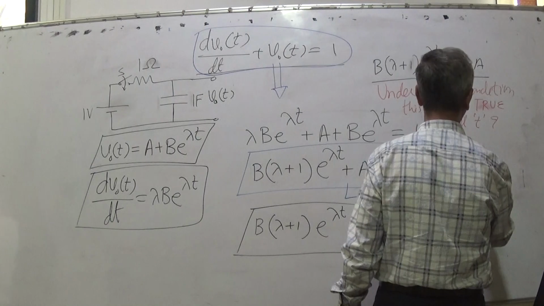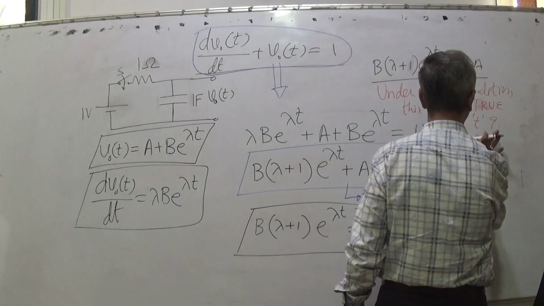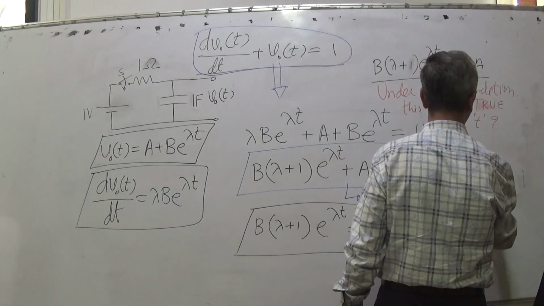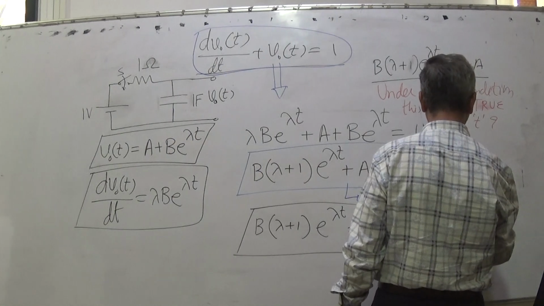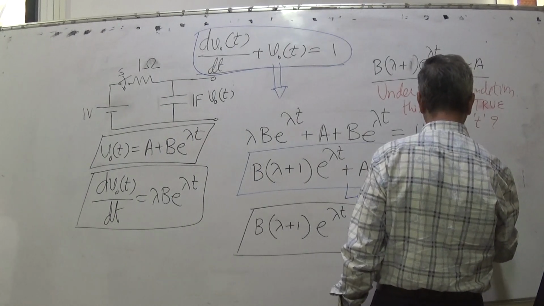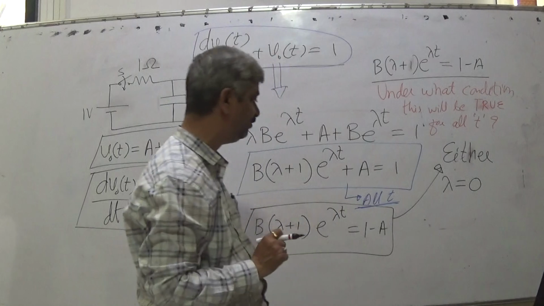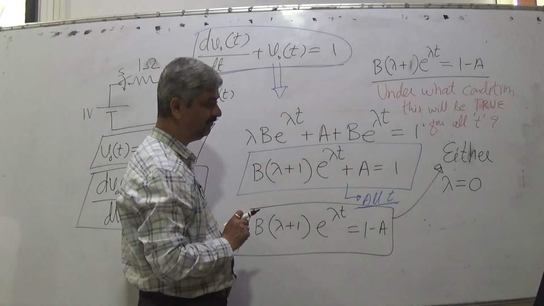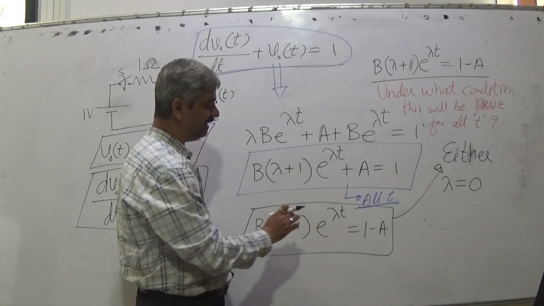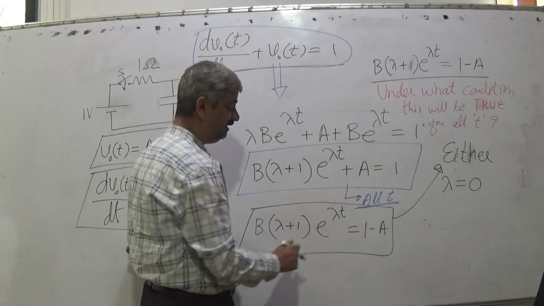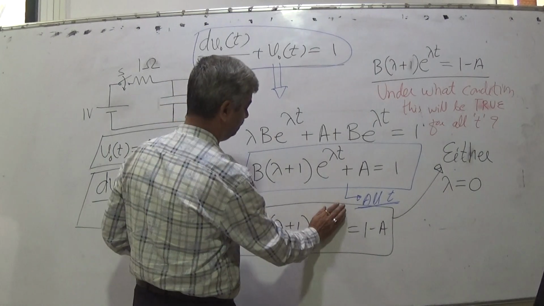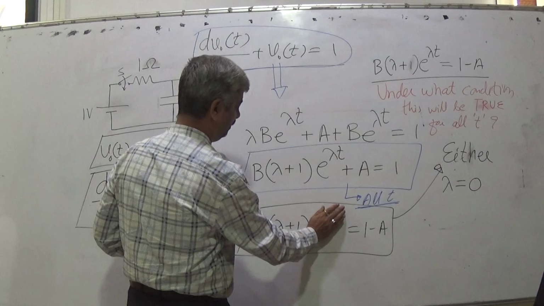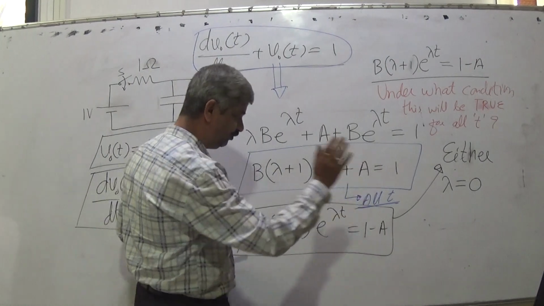Either lambda is 0. If lambda is 0, what will happen? It is e raised to 0t, which is 1, so the variable part will go out of the picture.